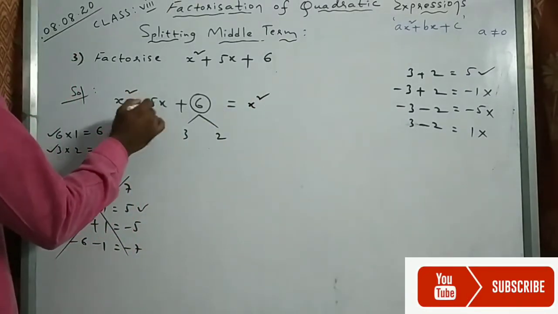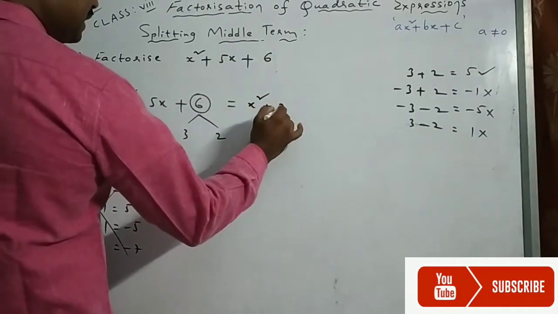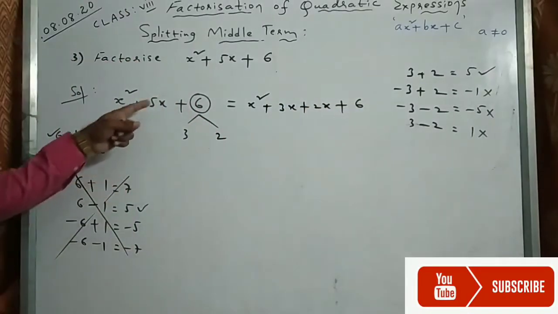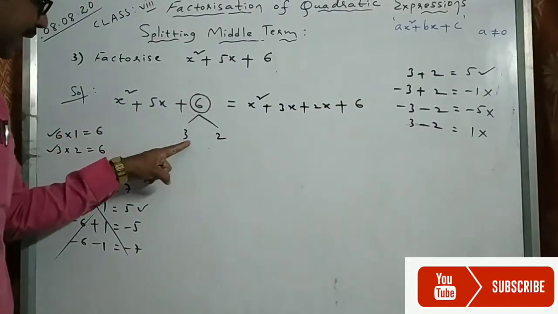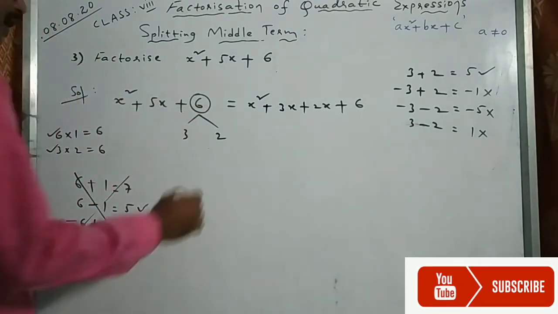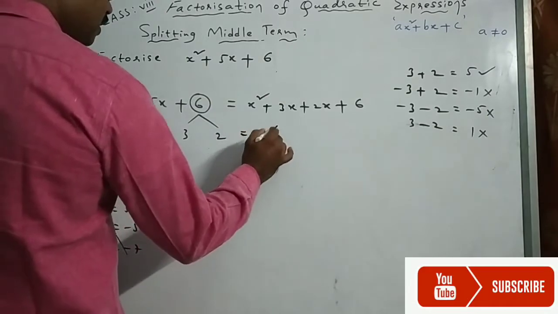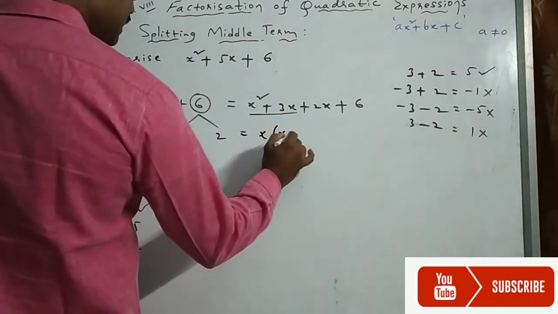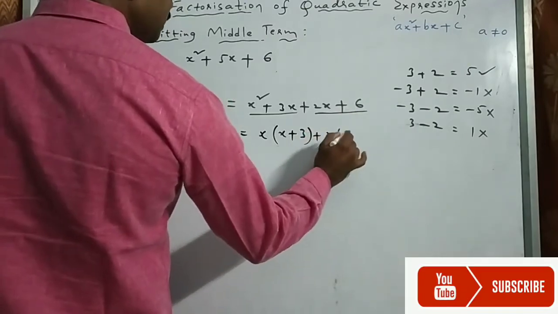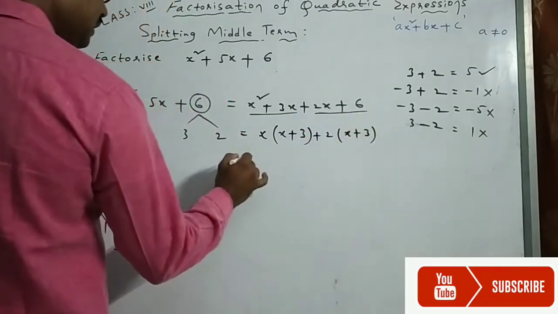Now factorize. X square, this 5x how can I write now? Plus 3x plus 2x plus 6. 5x can be written as 3x plus 2x. 3 into 2 plus 6 only, no? Possible. Now, x take common in this 2. So, x plus 3. In this 2 what is common? 2 common. x plus 2 3s are 6.